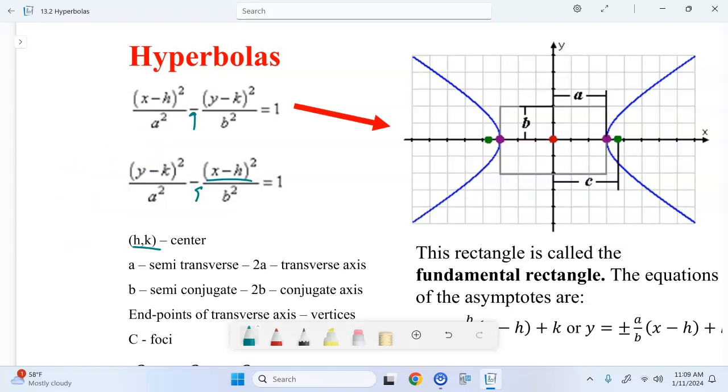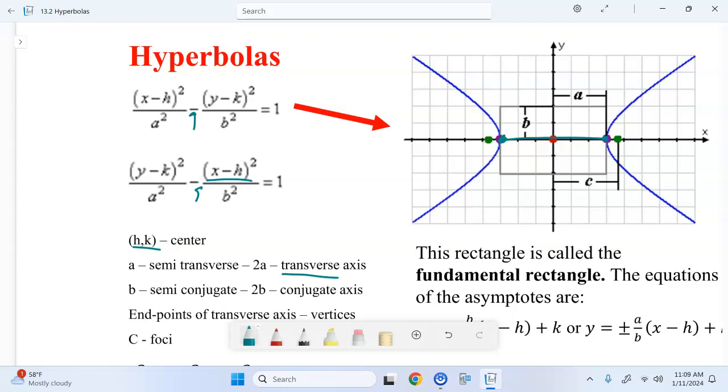Nothing different. The relationships with A, B, and C are very similar to the ellipse, but we call them something different. Instead of our major axes, okay, we don't really have a major axis anymore. First of all, because A doesn't have to be the biggest value. Okay, it can be smaller, so we can't really say major, because it's not always the largest. Okay, so instead of calling it a major axis, we call it a transverse axis.